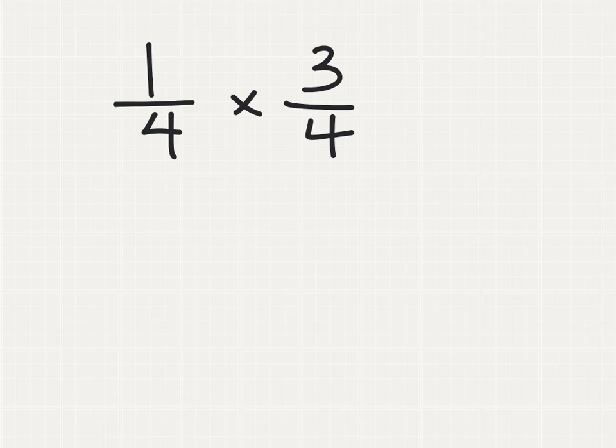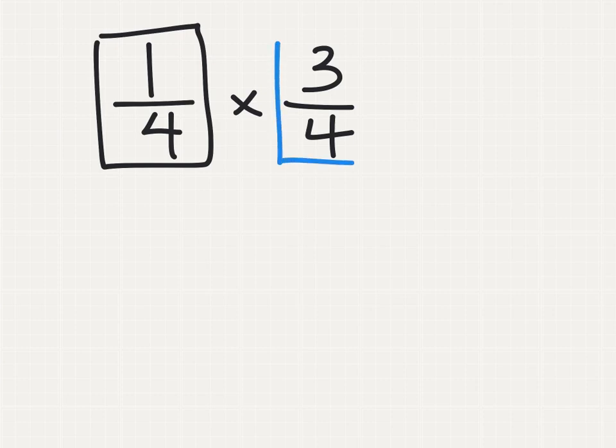Let's take a look at my second example. I had 1/4 times 3/4. Now, I'm multiplying my original quantity of 1/4 by a fraction, 3/4. 3/4 is less than 1 whole; 4/4 would make 1 whole.